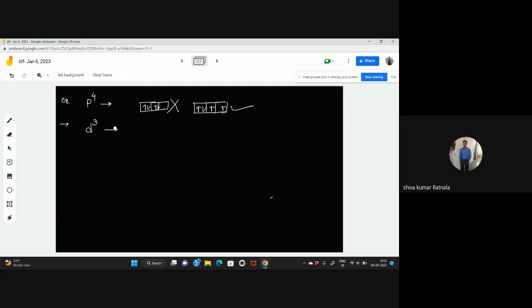So in that one, there are two possibilities we can write. We can fill 3 electrons like this, and second, we can place like this.